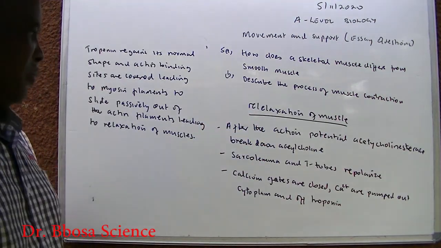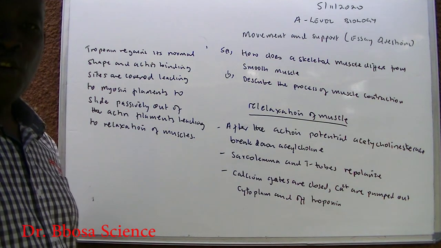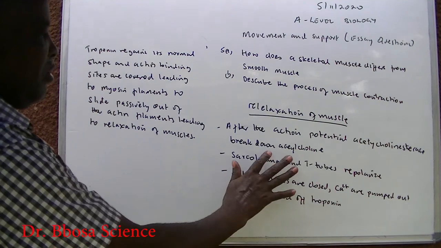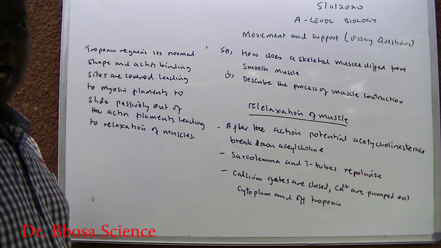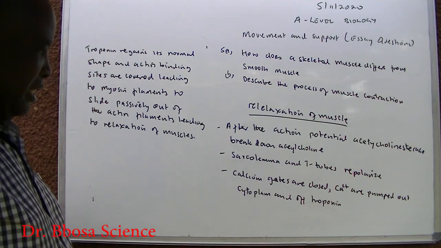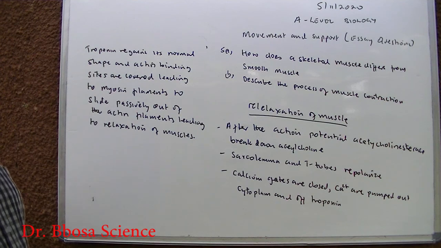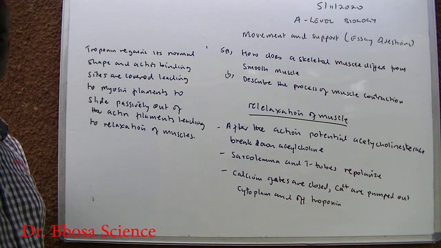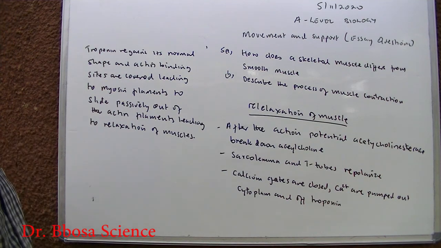Relaxation of muscle. After the action potential, acetylcholinesterase breaks down acetylcholine. Sarcolemma and T-tubules repolarize. Calcium gates are closed. Calcium is pumped out of the cytoplasm and off troponin.